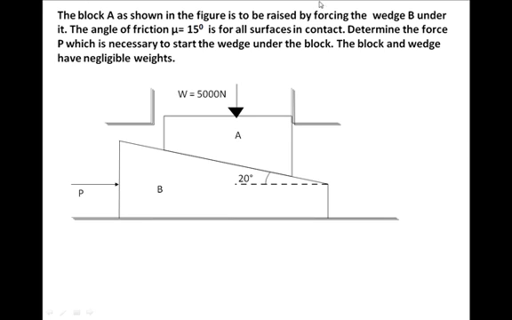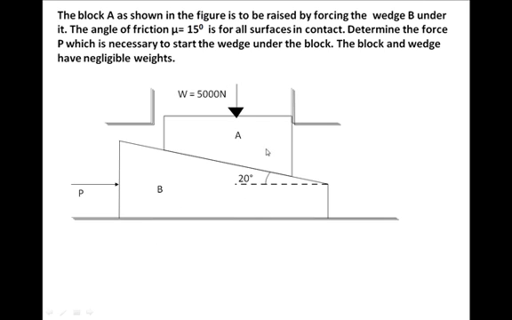Now, mu is equal to 15 degrees. So the angle of friction is 15 degrees, and the coefficient of friction is tan 15. What we'll do now is draw free bodies of all these bodies, taking the x-axis as horizontal and the y-axis as vertical.